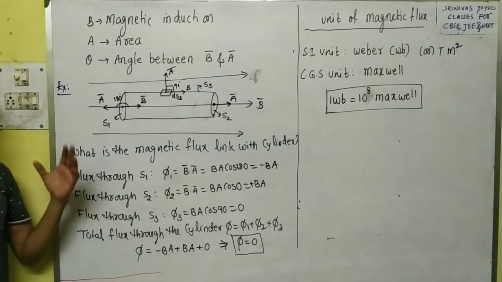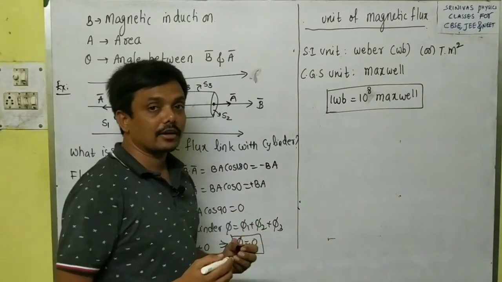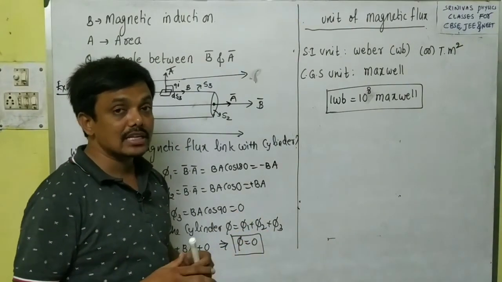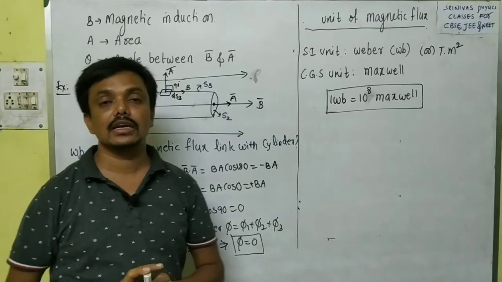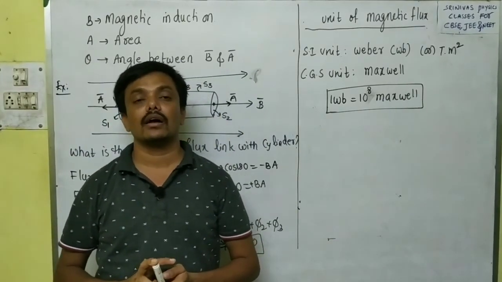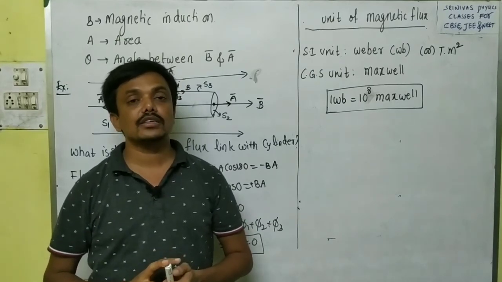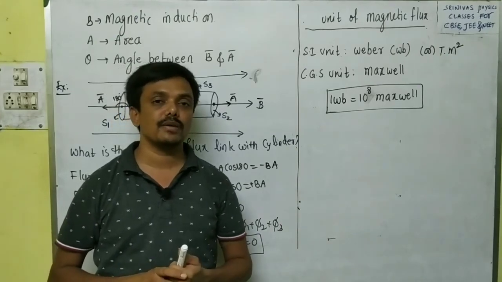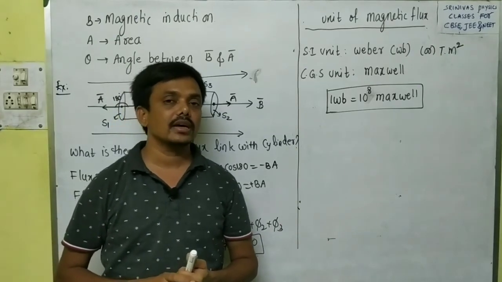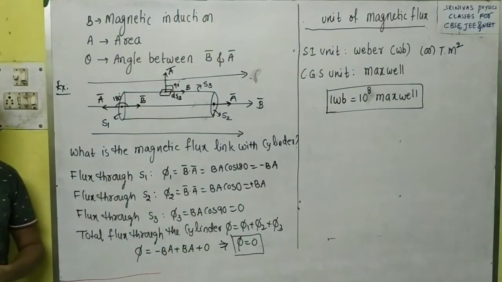In case of a variable magnetic field, if B is variable, we have to use the integration method, that is integration of B bar dot dA bar, or otherwise integration of B bar dot dS bar. In case of a uniform magnetic field, we write magnetic flux directly as B bar dot A bar, that is BA cos theta. Now take the screenshot and let us continue.